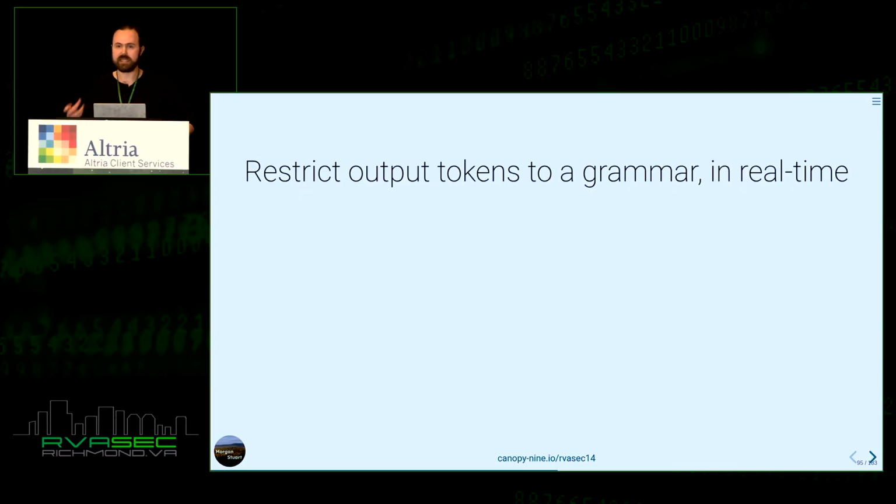So what it really means is that we're going to take the LLM, and as it's outputting tokens, in real time, we're going to have a process that's going to look at these tokens as they come out and say, well, if you're only going to be outputting this grammar, you can only output this token next, or this token. And so we can essentially restrict what the LLM can output at any point in order to abide by some rules that we specify in the grammar.